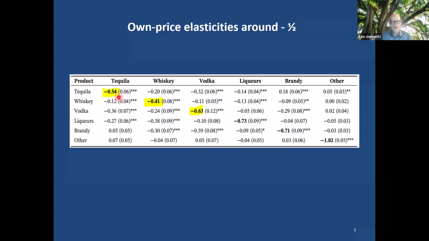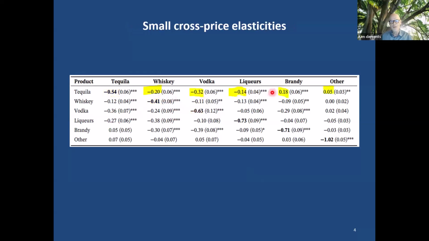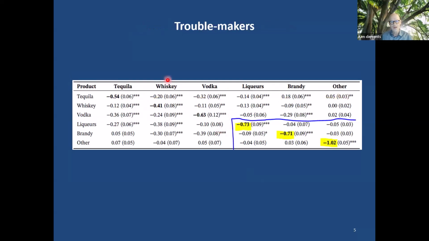Minus 0.54 for tequila, minus 0.51 for whiskey, minus 0.63 for vodka. So these are all around minus a half, and the cross price elasticities are approximately equal to 0. So much for the first three beverages.